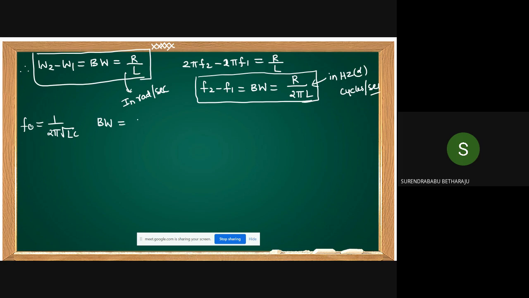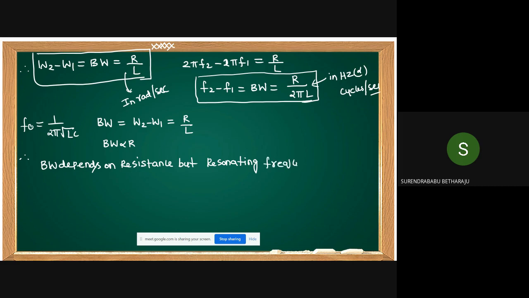Bandwidth equal to omega 2 minus omega 1, that equals R by L. Therefore, bandwidth depends on resistance and is proportional to R. But the resonating frequency is independent of resistance.